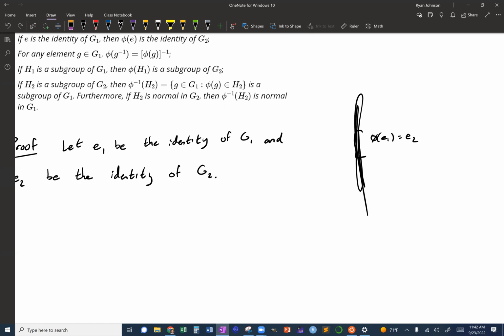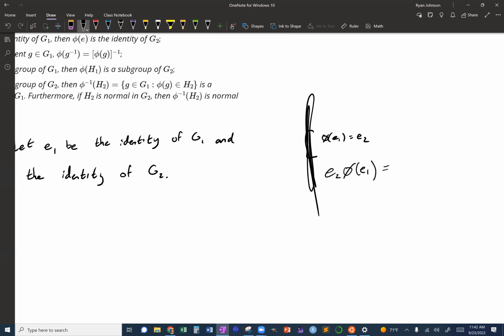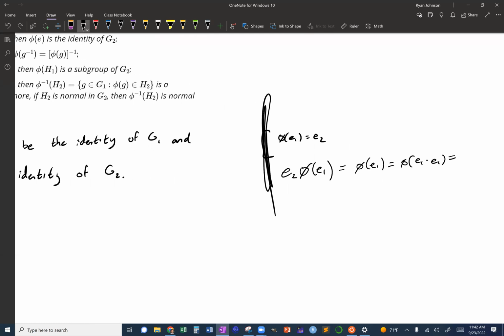I want this. So if I imagine E2 times phi of E1, that's equal to just phi of E1, because E2 is the identity. That's equal to phi of E1 times E1. And that's a homomorphism.